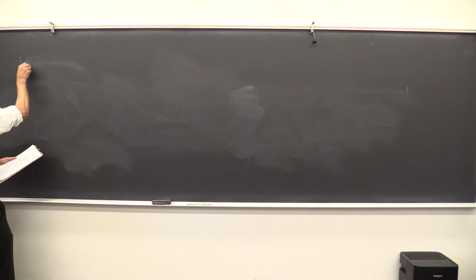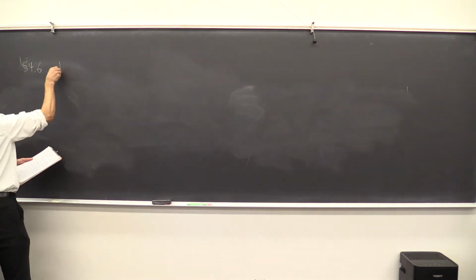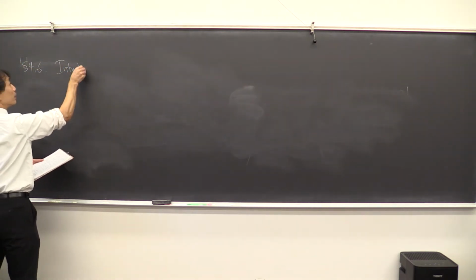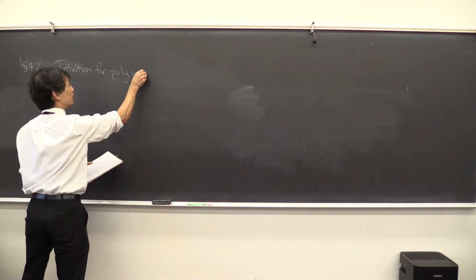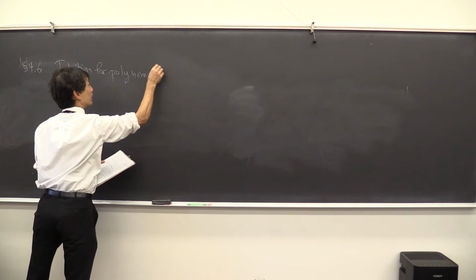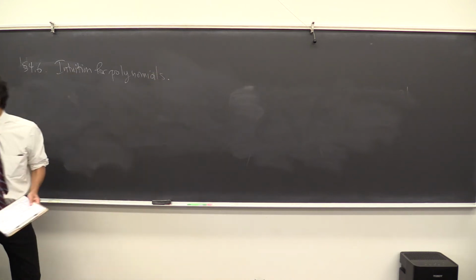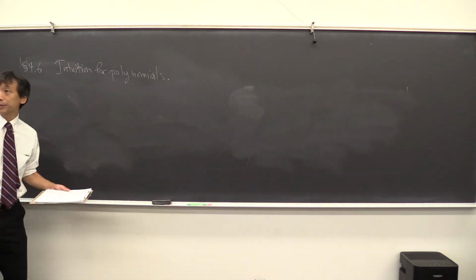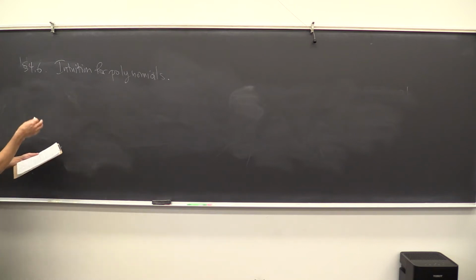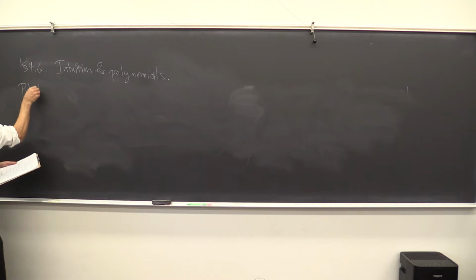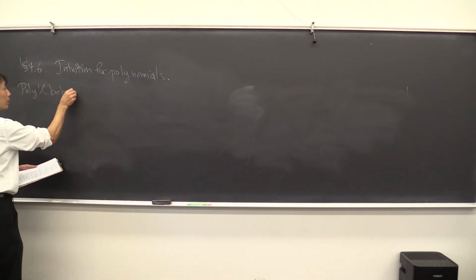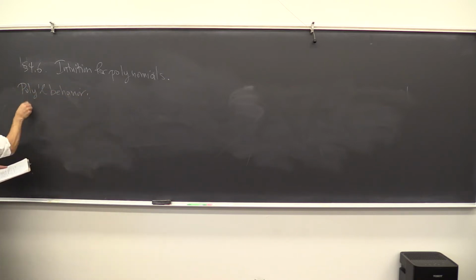So 4.6 is about developing an intuition for polynomials. And we said last time that there are these facts about polynomials, about how polynomials behave. There are certain things that they do and that they don't do.